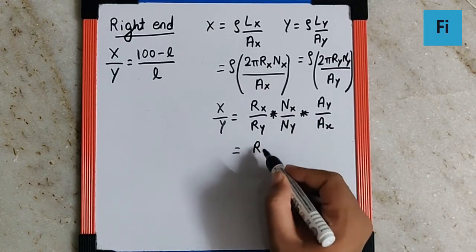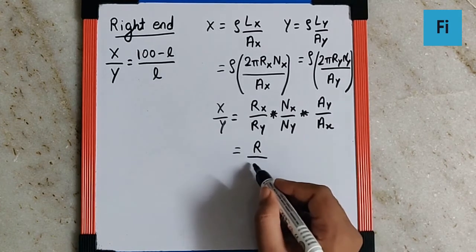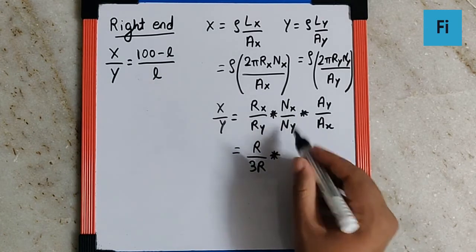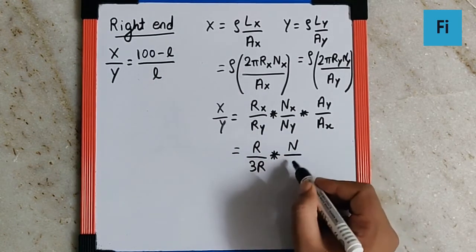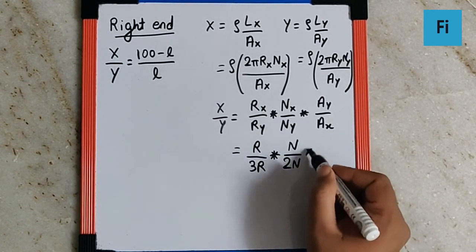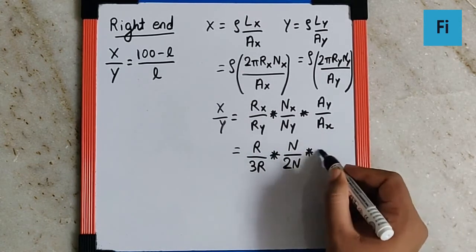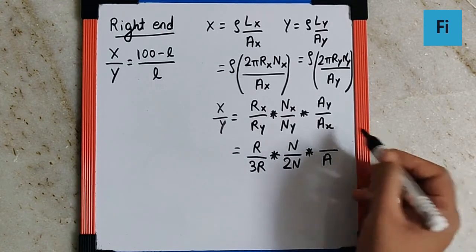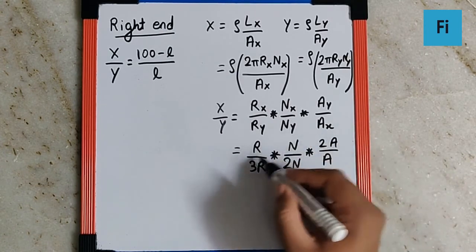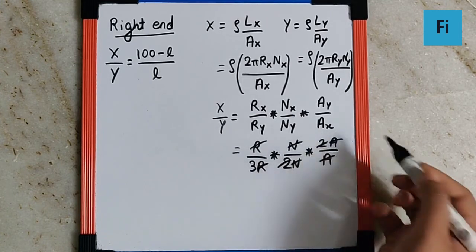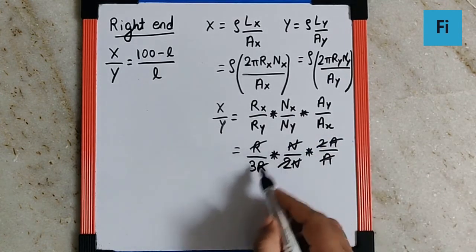Rx is given as R, whereas Ry is given as 3R, Nx is given as N, Ny is given as 2N, and Ax is given as A, whereas Ay is given as 2A. So if we cancel these terms, we can also cancel this 2 over here. We get X by Y as 1 by 3.